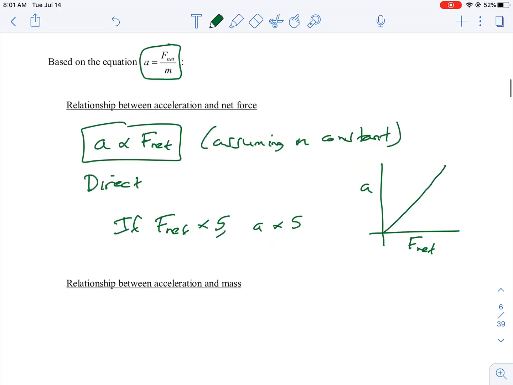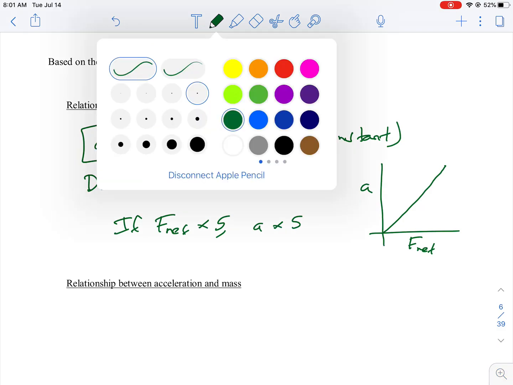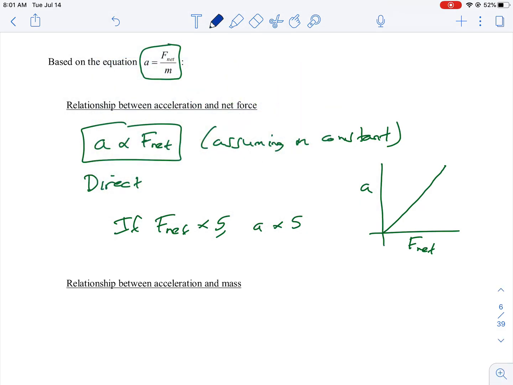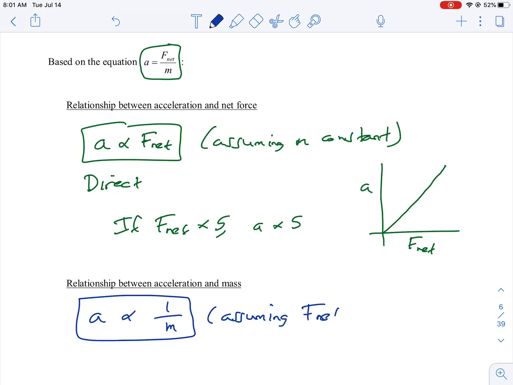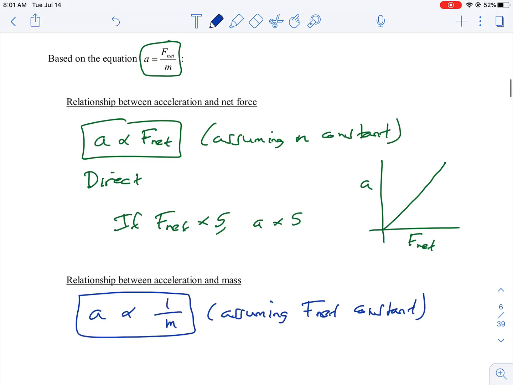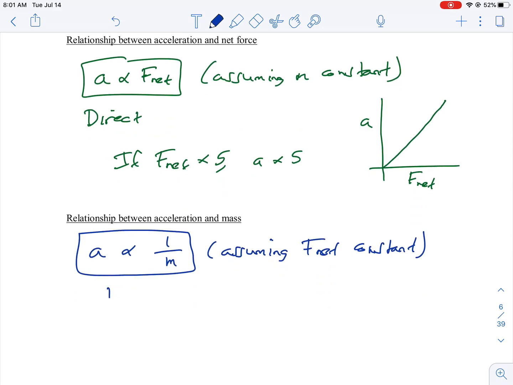But there's another relationship that we can talk about, and that's a relationship with mass. We see that A now is also proportional to 1 over m. This time, this assumes that F net is constant. And so if we keep the F net constant, then we will get an inverse relationship between acceleration and mass.